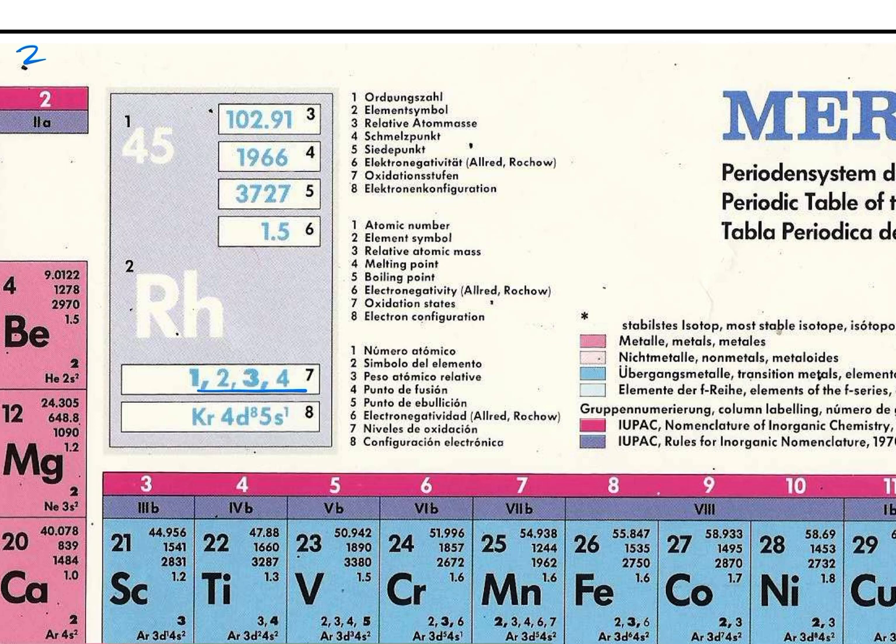Oxidation number, electron configuration, and electronegativity are very important. Number 3 is the relative atomic mass. Number 4 is the boiling point or melting point. It's very important.